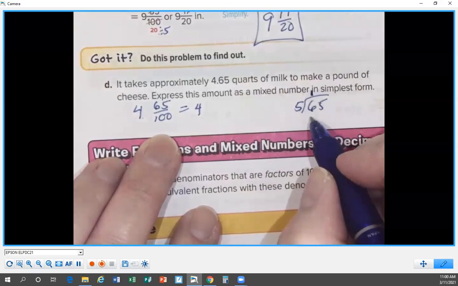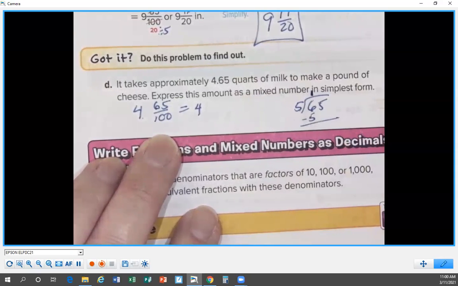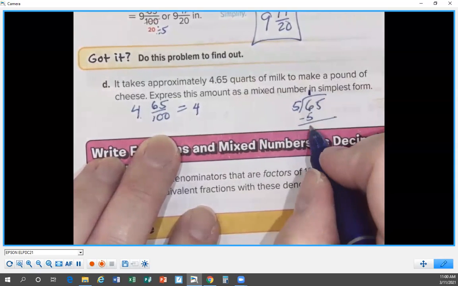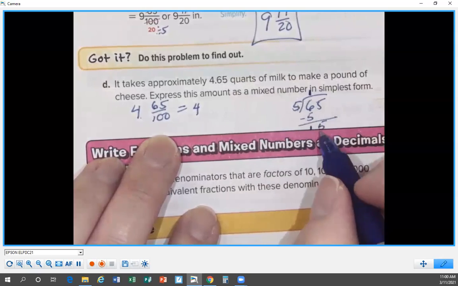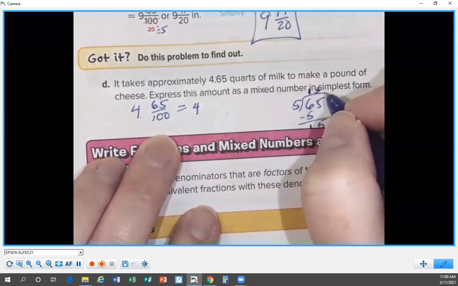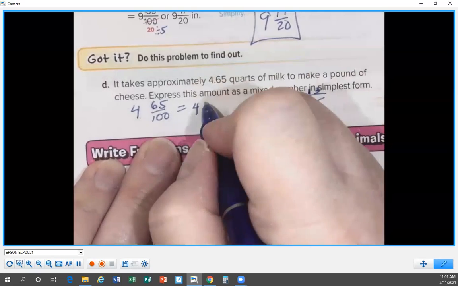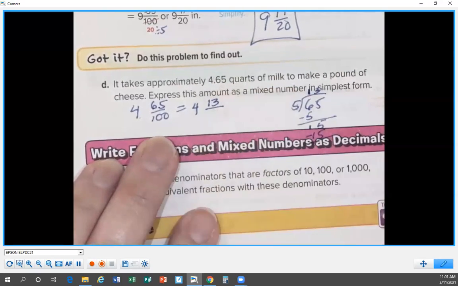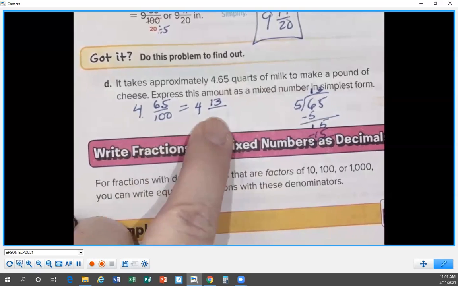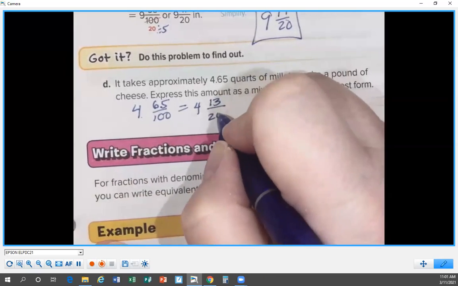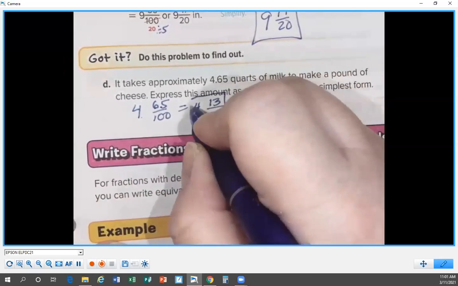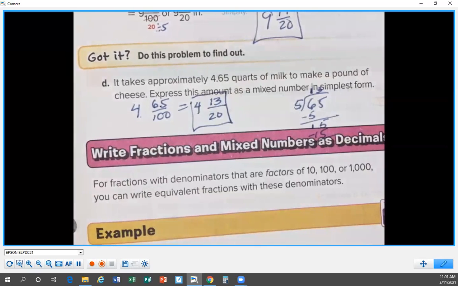That's a 1. 1 times 5 is 5. Subtract. 6 minus 5 is 1. Bring down the 5 is 15. 5 goes into 15 3 times. And then we have no remainder there. So 65 divided by 5 gives us 13. And then 100 divided by 5 gives us 20. So 4 and 13/20ths when we write that as a mixed number.